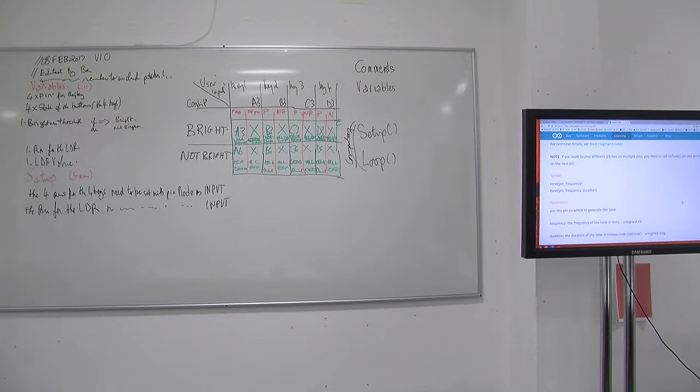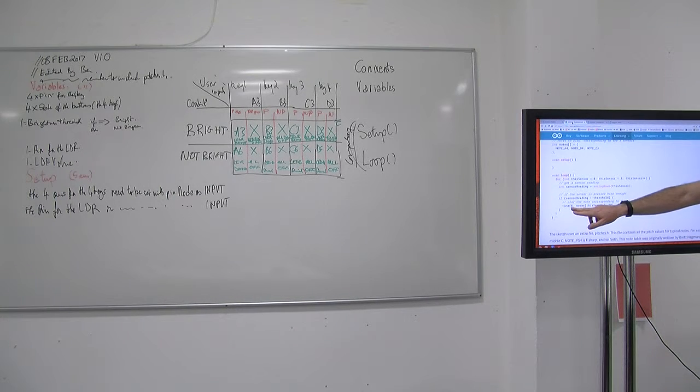It's the pin where the speaker is, the frequency, as in the note you're going to play, and how long it's going to play for. So what we need to do is see what we have in the code. And indeed, 8 is a pin, that's the note to play, and that's the duration.